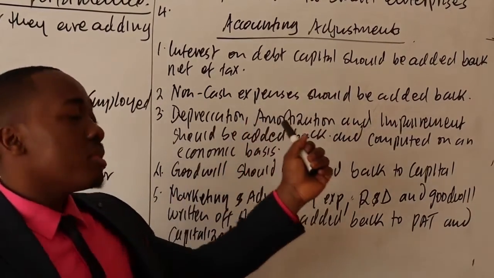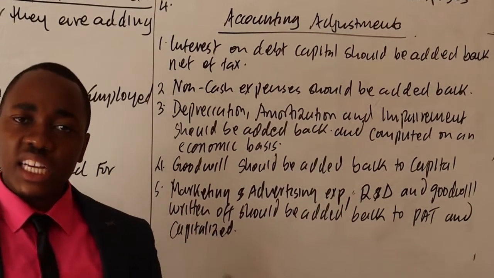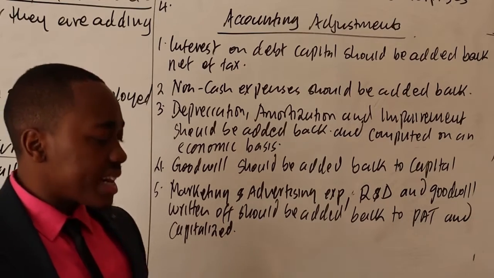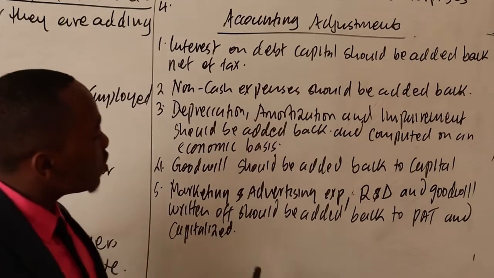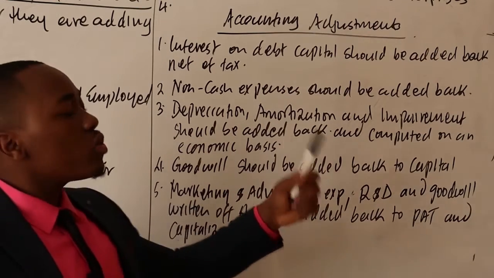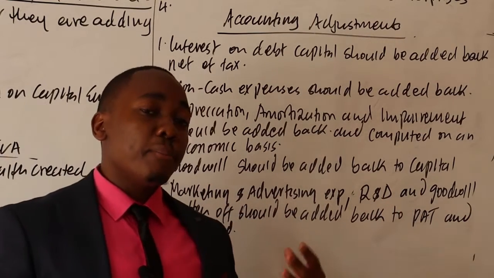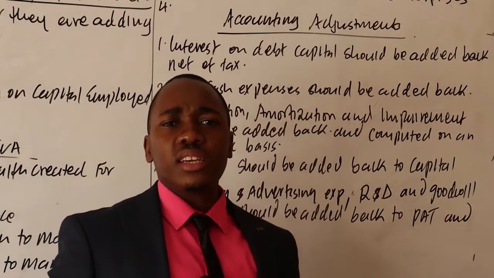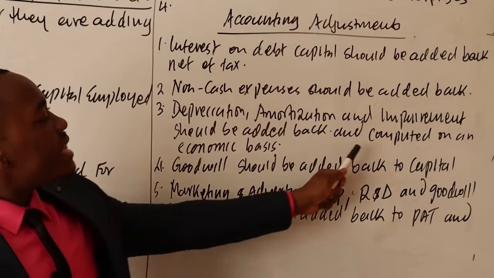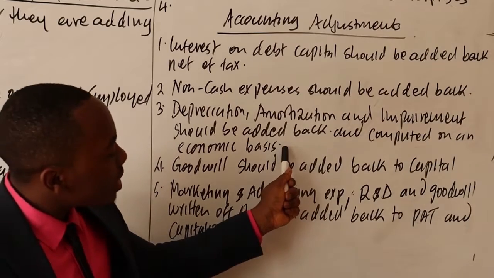Why are we adding back? Because we have said that EVA uses cash flow and not the profits. So in this case, if you have any non-cash expense, you add it back. Also, depreciation, amortization, and impairment should also be added back. Remember, impairment and depreciation, they are just provisions. They are not actual cash flows. So in this case, they should be added back and computed on an economic basis.